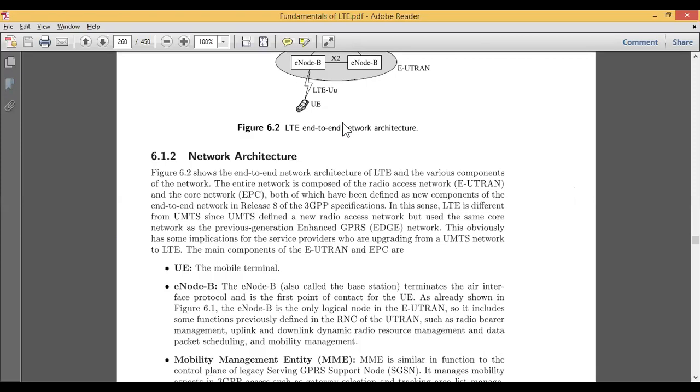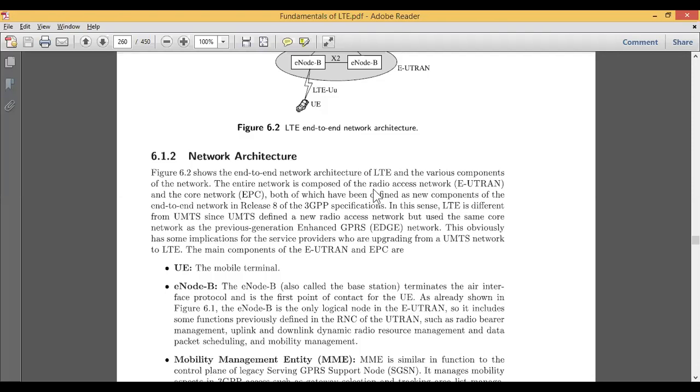What we see here is a normal mobile tower. Our call will not be directly connected to another call. It goes via the tower, then to the exchange, and one proper hierarchy is maintained. Similarly, this E node B is responsible for your air interface protocols, and it is the first point of contact where the user entity comes in contact with the base station.